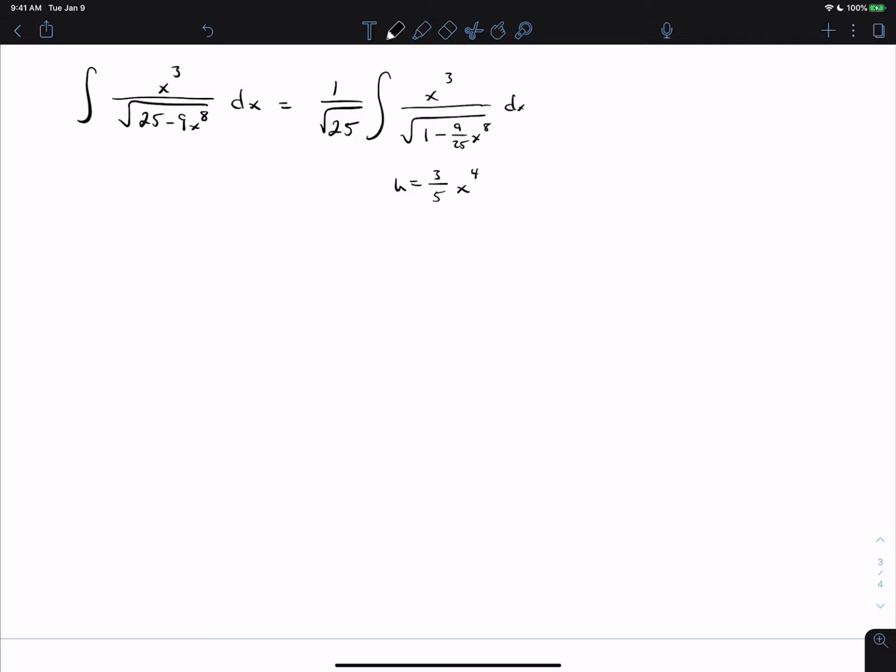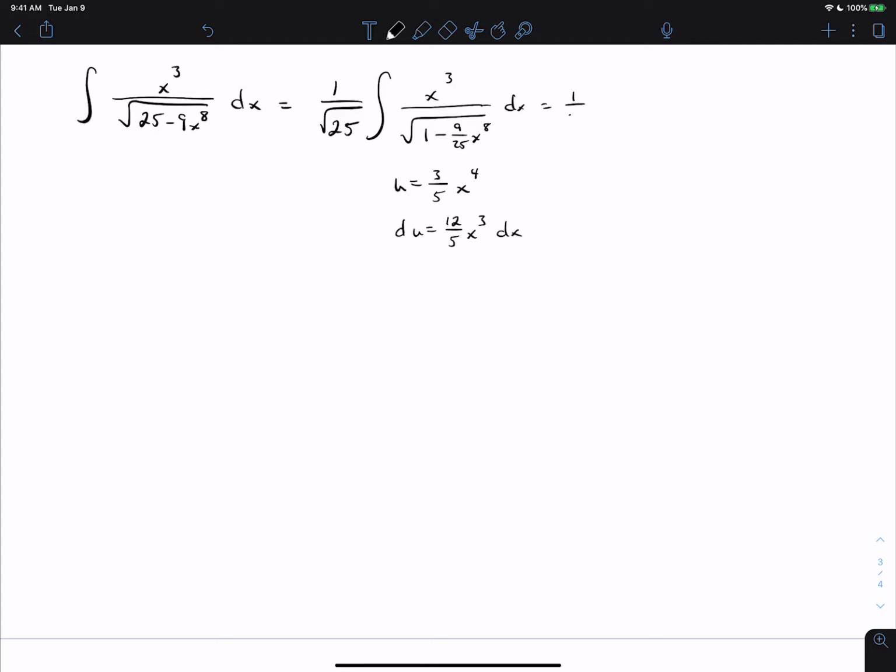So it's 3/5 x to the 4th, because if you square 3/5, you get 9 over 25. If you square x to the 4th, you double the power, which gets you x to the 8th. du then is the derivative of that, which is 12/5 x to the 3rd dx.